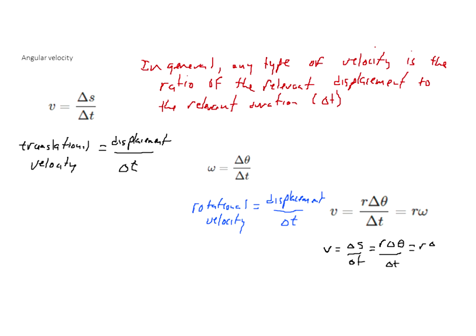So it's R times delta theta over delta t. Delta theta over delta t is just omega, so R times omega. If we look at the units of this, I probably should have done the formula up above and then the units down below. So let's just look at the units.